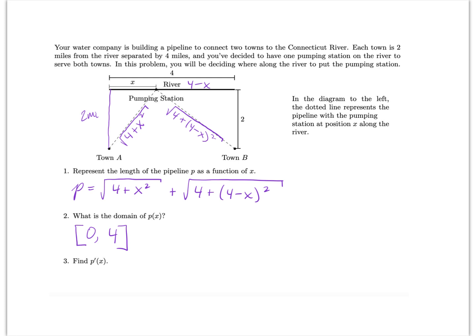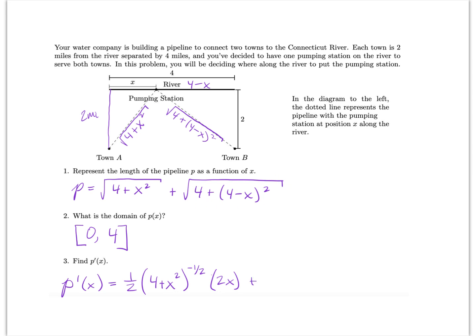Okay, now I want to find P prime. So I'm going to take the derivative of this function. I'm going to treat the square roots as though they're 1/2 powers and use the power rule. I'm going to have 1/2 times 4 plus x squared to the negative 1/2, then times the derivative of the inside, which is 2x. And then I'm going to repeat this process on the second square root.